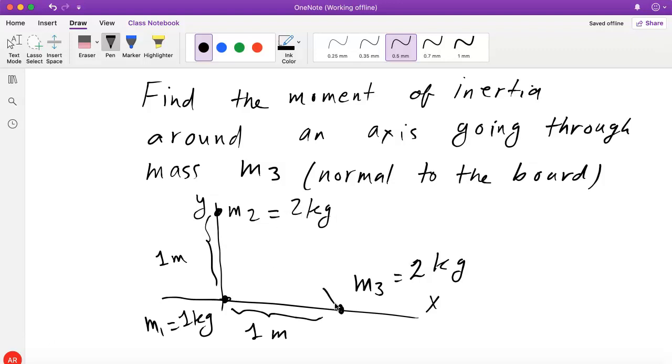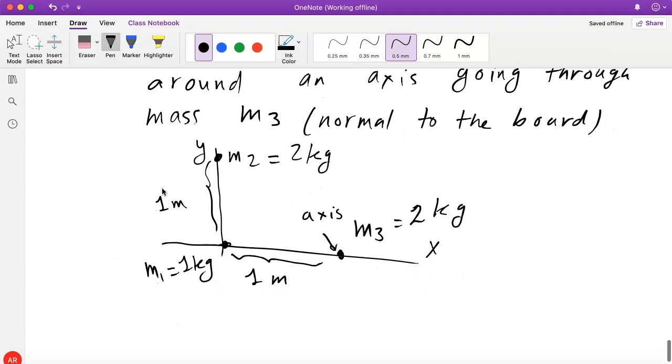So we have an axis coming out of the plane here, where mass m3 is. So we can think of this as a system made out of 3 point particles connected with massless rods, if you want to think of it as a rigid object. All right, so we want to find the moment of inertia around this axis. So pause the video, try to work this out using the formula, and then we'll come back to the video and go through it together.